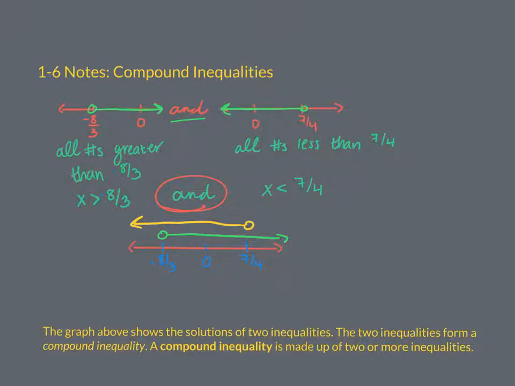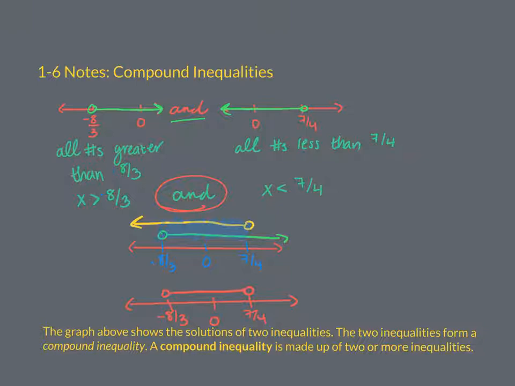If you look at our graph, we actually have a small overlap right here. So if we were to graph this on a single number line together, again, we're going to put negative 8/3, 0, and 7/4, and then it's everything that is an answer for both inequalities. So it's going to be from negative 8/3 all the way to 7/4.